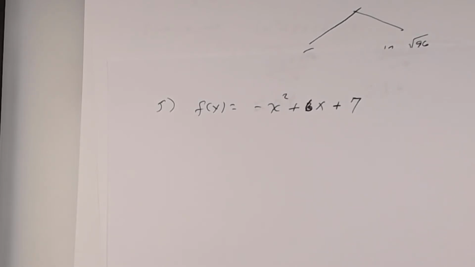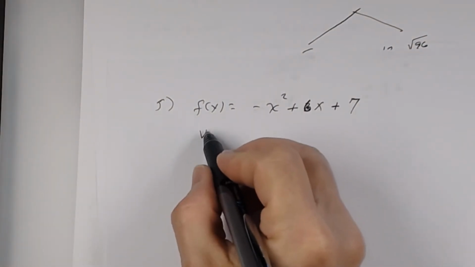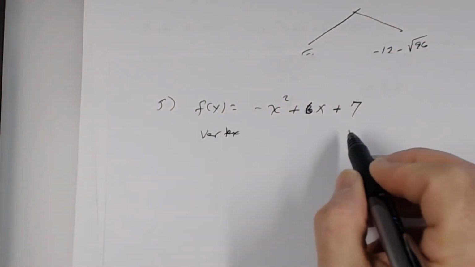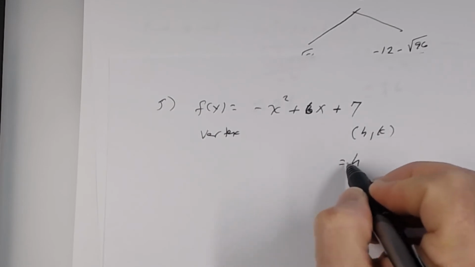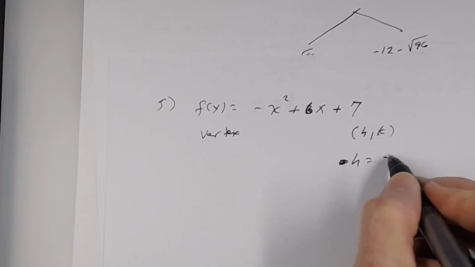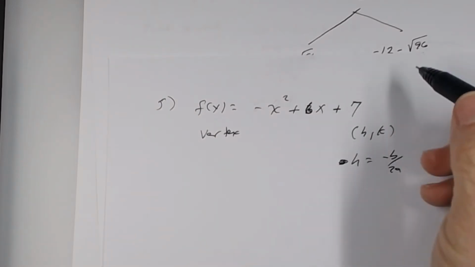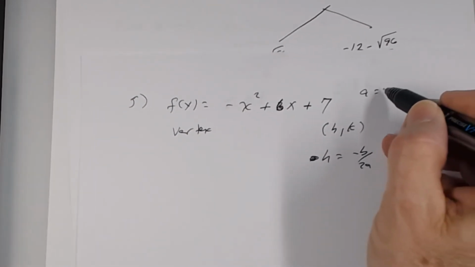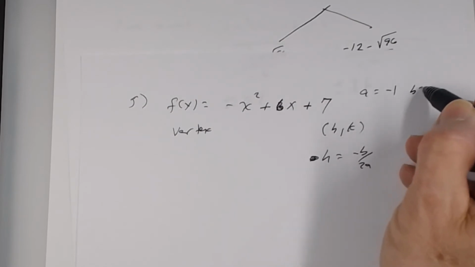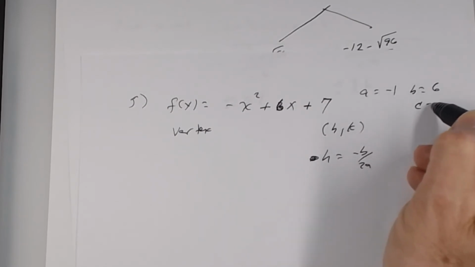All right. So, let's find the vertex. The vertex, remember it's (h, k). What's the formula for finding h of the vertex? Negative b divided by 2a. All right, let's go ahead and determine what a is. What's a? Negative 1. Negative 1, good. What's b? And what's c? 7.